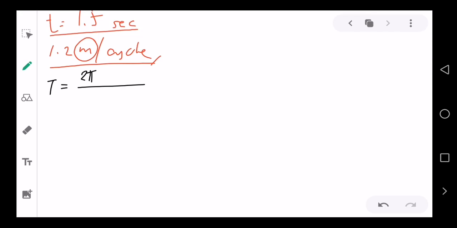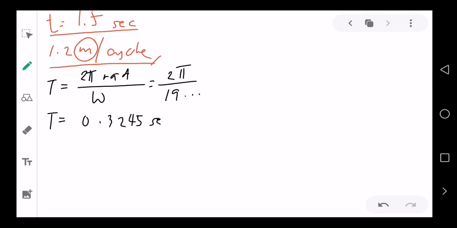One cycle, 2 pi radians, all over our frequency, which is the angular frequency, so 2 pi over 19.3649. Makakakuha tayo ng value na 0.3245 seconds.